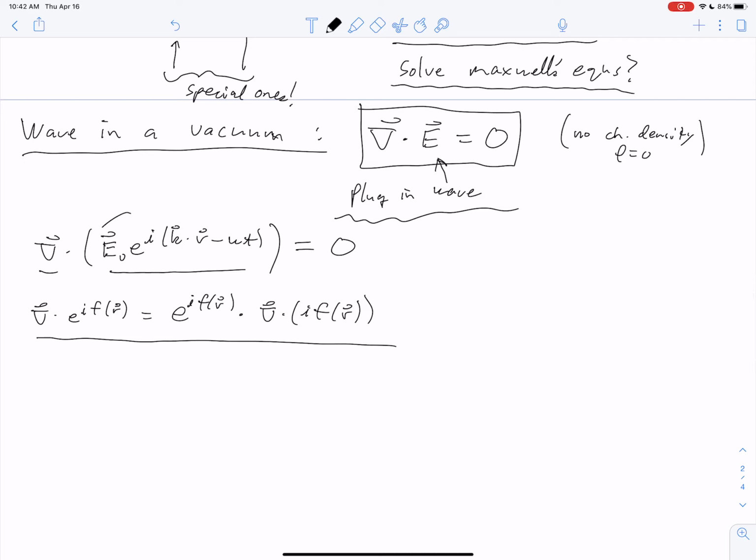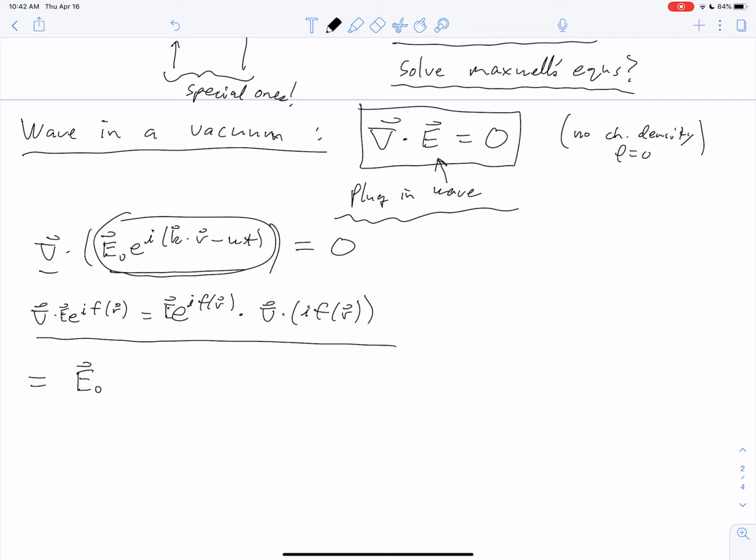So then we see that the divergence of this is equal to E naught f of r. Let me get all of this straight. Sorry, I just want to make sure that I get all these things correct.